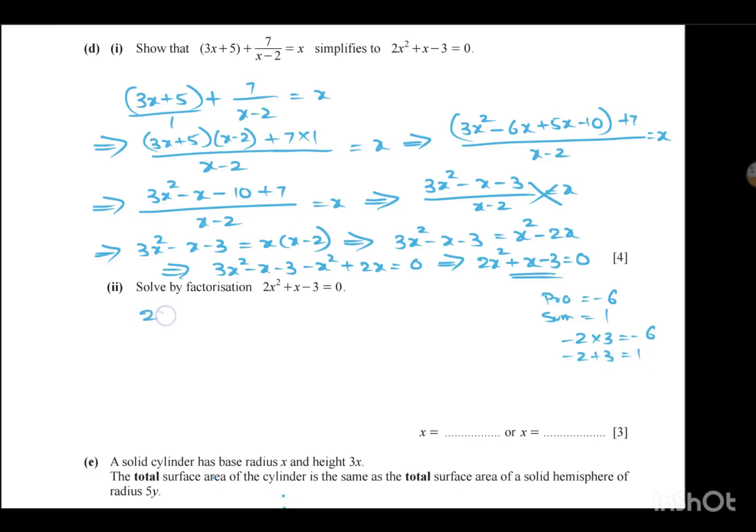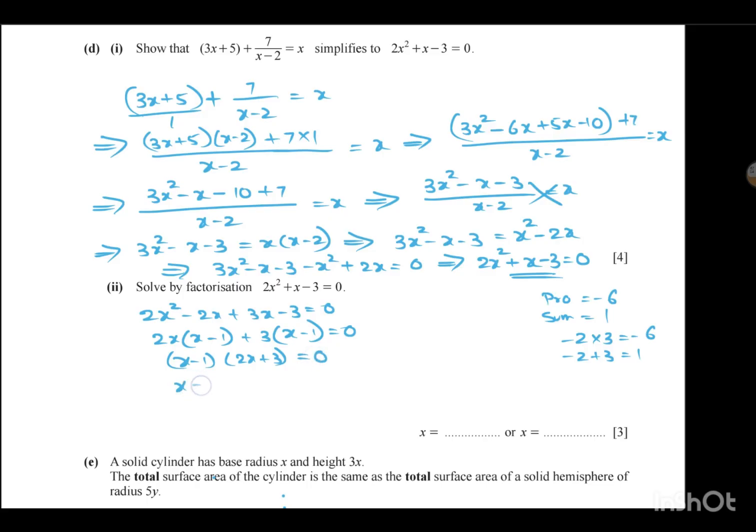So you have to write the middle term as minus 2x plus 3x minus 3 is equal to 0. Taking 2x common in the first two terms, you get x minus 1, plus 3 common in the last two terms, you get again x minus 1 inside the bracket. So x minus 1 if you take common, you get 2x plus 3 as another factor.